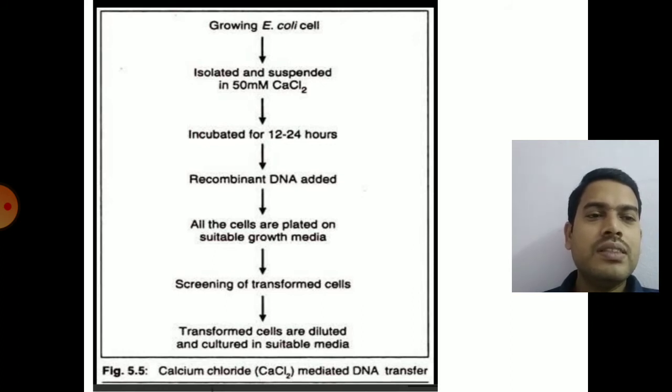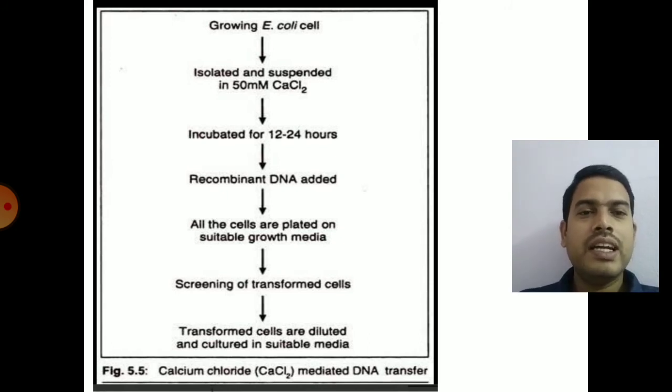Those bacterial cells which contain the transgene or foreign DNA will survive on the antibiotic medium and are selected. This is how you transform your bacterial cells with your transgene with the help of calcium chloride.